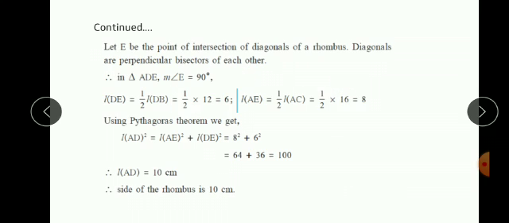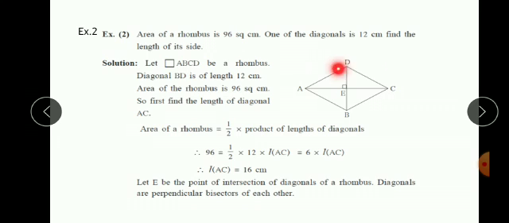So substitute the values. AE is 8 and DE is 6, so 8 square plus 6 square, that is 64 plus 36, so it is equal to 100. That means AD square is 100. If AD square is 100, what will be AD? AD is 10 centimeter. Therefore, side of rhombus is 10 centimeter.